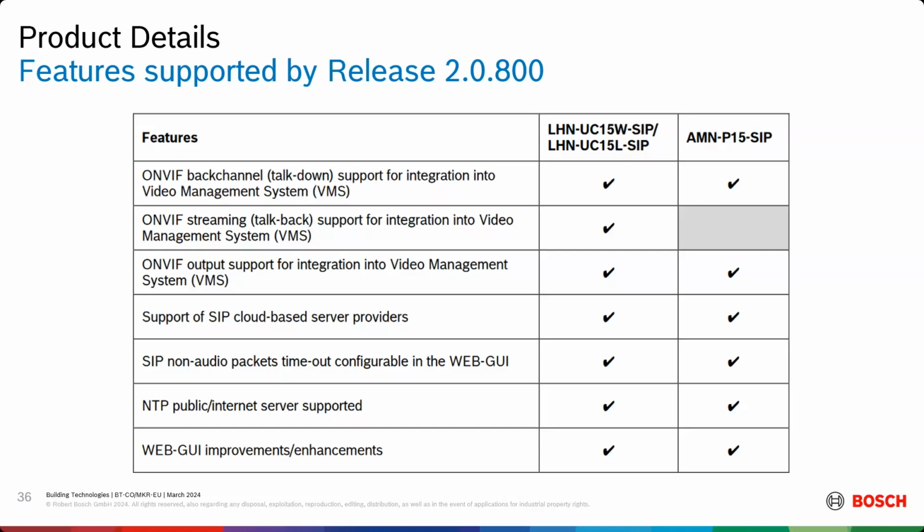That's the ONVIF back channel. The ONVIF output is a virtual control output in the video systems. It can be used to control the state of a virtual control input of the IP horn or amp via ONVIF.